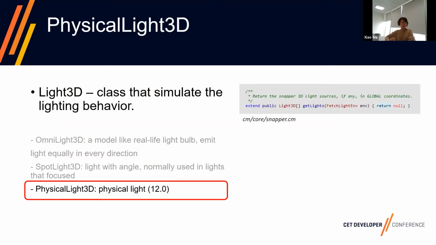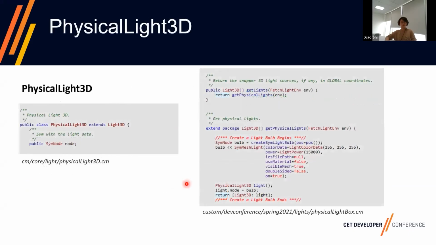So about physical light 3D, remember that in the initial light talk, way before, we talked about different light 3D types, and I didn't mention this one, and now I will. This physical light 3D also extends from light 3D, but it has a sim node.